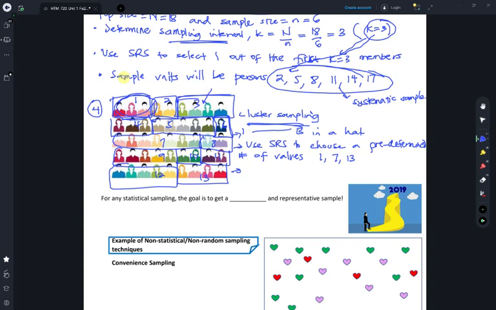Everybody who is in 1, 7, and 13, these will constitute my cluster, my final cluster sample. That is it. You see, for any of the statistical sampling techniques, the goal is to get a random and representative sample that mirrors the population characteristics.